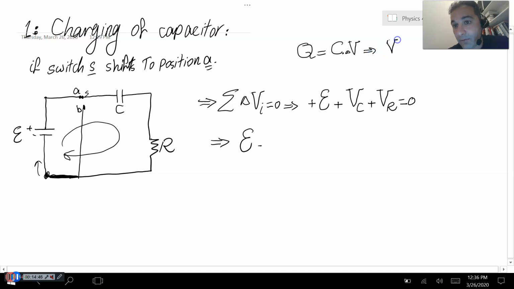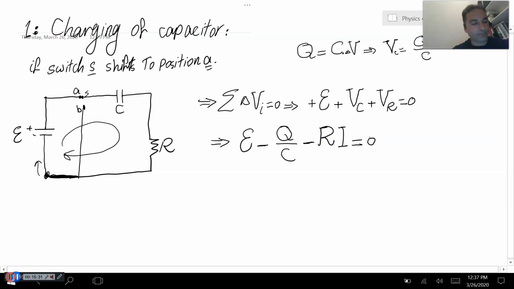Therefore, the voltage of the capacitor is Q over C. Because the capacitor is a consumer, it will be minus Q over C. So instead of VC, I put Q over C. And also, the resistor, which has resistance R, is a consumer, so we are going to have minus RI equal 0. Correct?